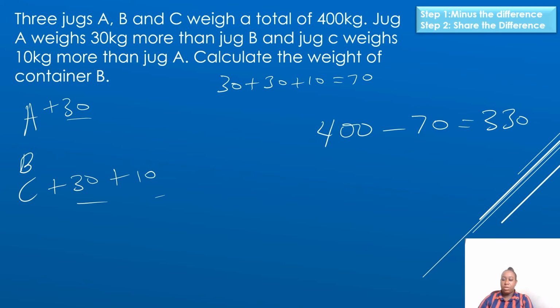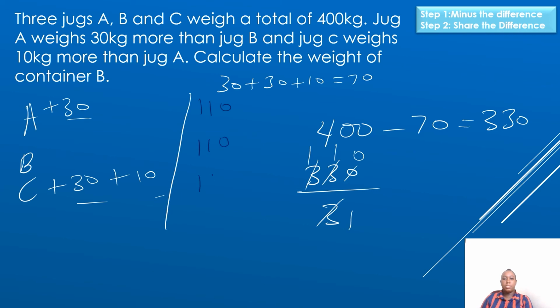After getting 330, my next step would be to divide 330 into how many parts? 3 parts, okay? 3 into 3, 1, 3 into 3, 1, 3 into 0, 3. So I am getting 110 for each of the equal parts, see?